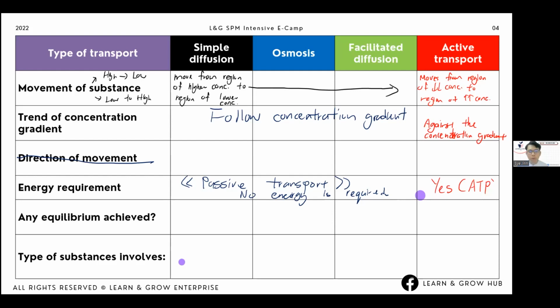So is there any equilibrium achieved? Yes. It means that the movement stops after equilibrium is achieved.